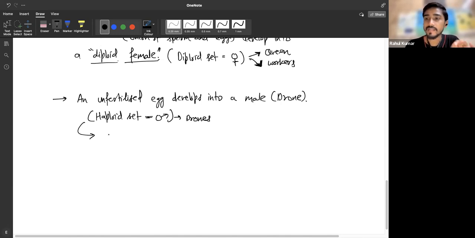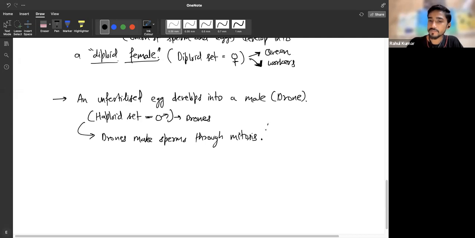In a male honeybee, in a drone honeybee, meiosis does not happen at all because there is no need of meiosis. They are already haploid. So write down, drones make sperms through mitosis.